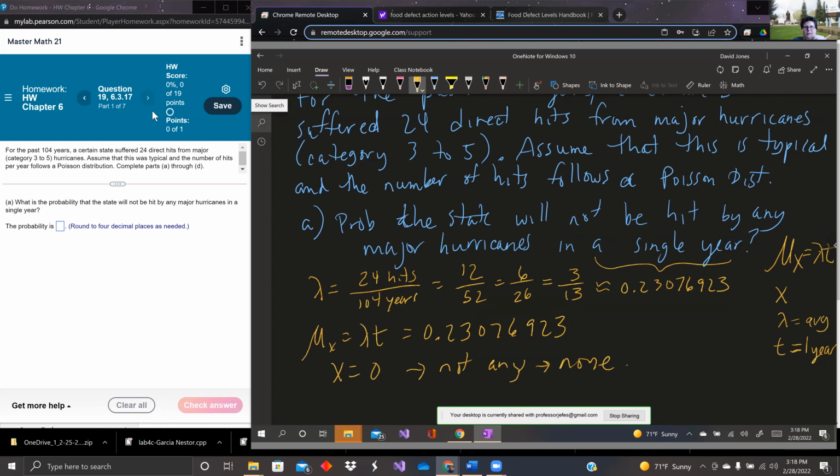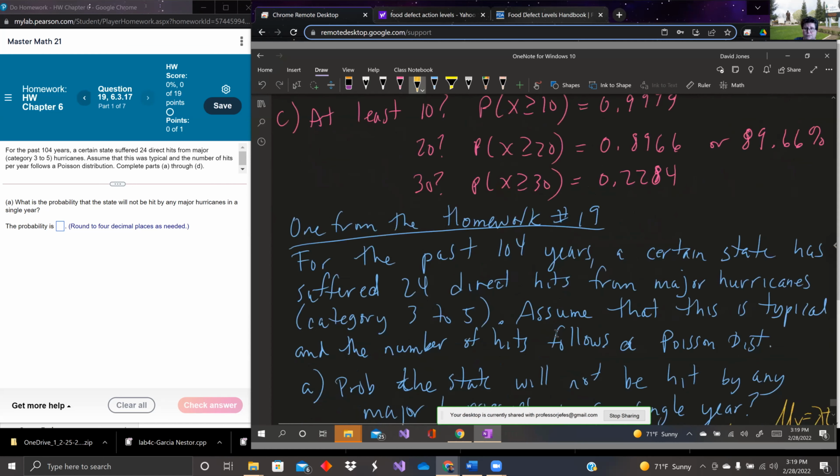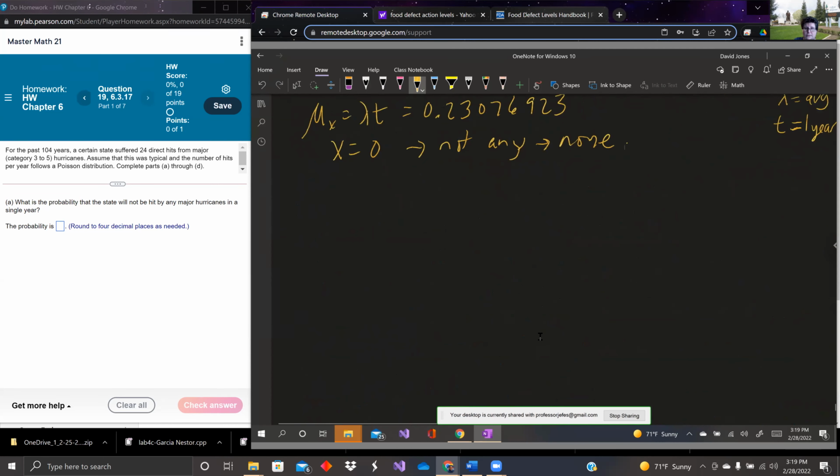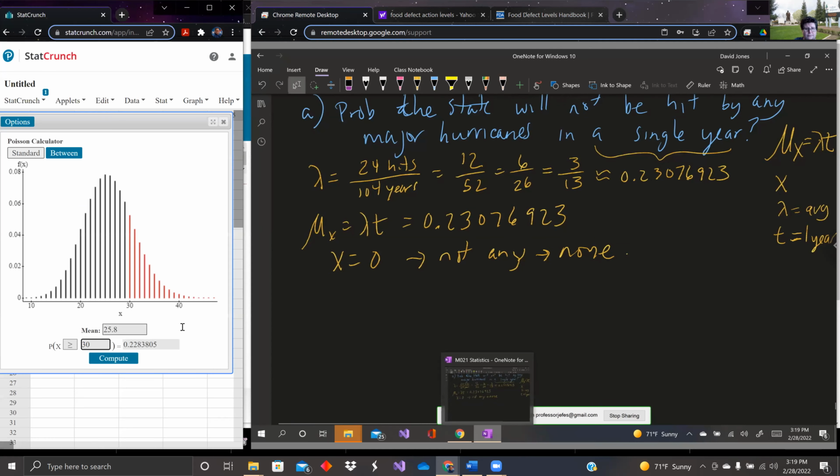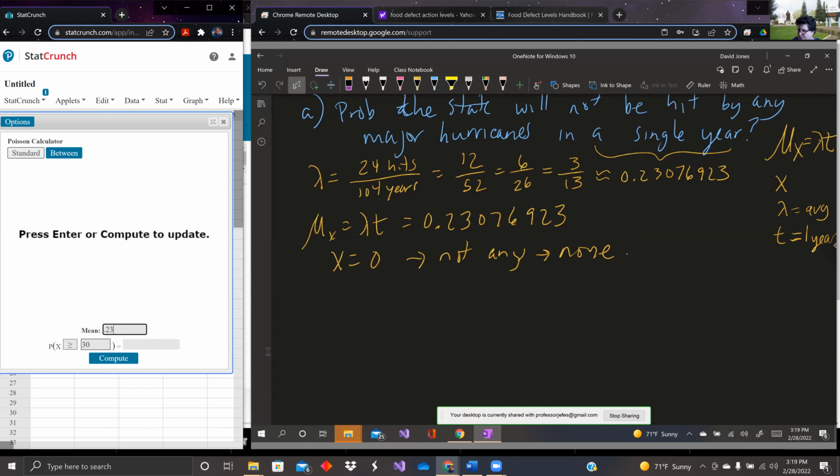So let's put this in our StatCrunch. Let's get my StatCrunch window back up. And I'm going to change my mean. My mean is 0.23, and I'm going to put all of the digits in because I don't know what's going to affect the answer.